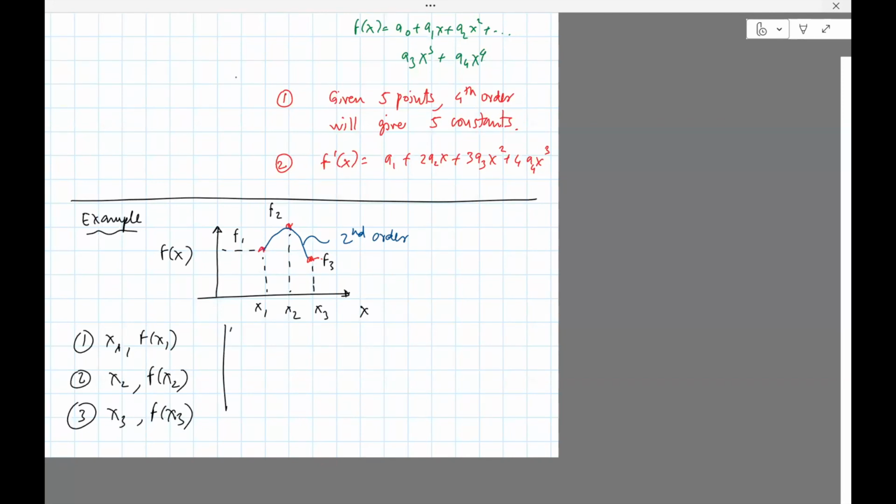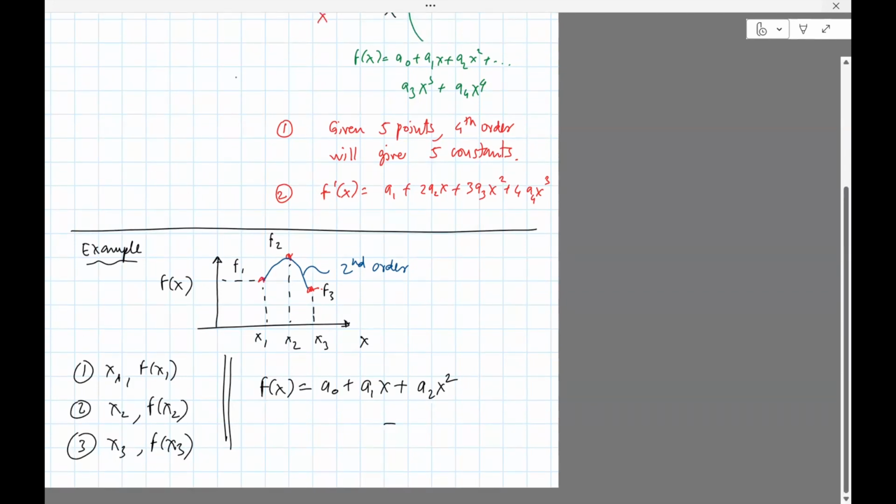So given this information, we can assume that f of x will be a quadratic equation where the a's are unknowns. So we assume this equation.